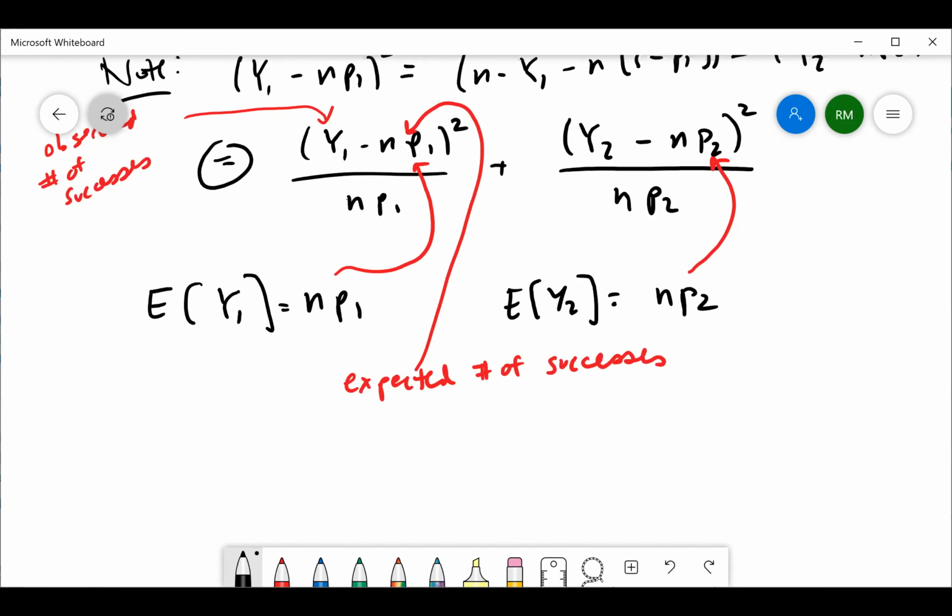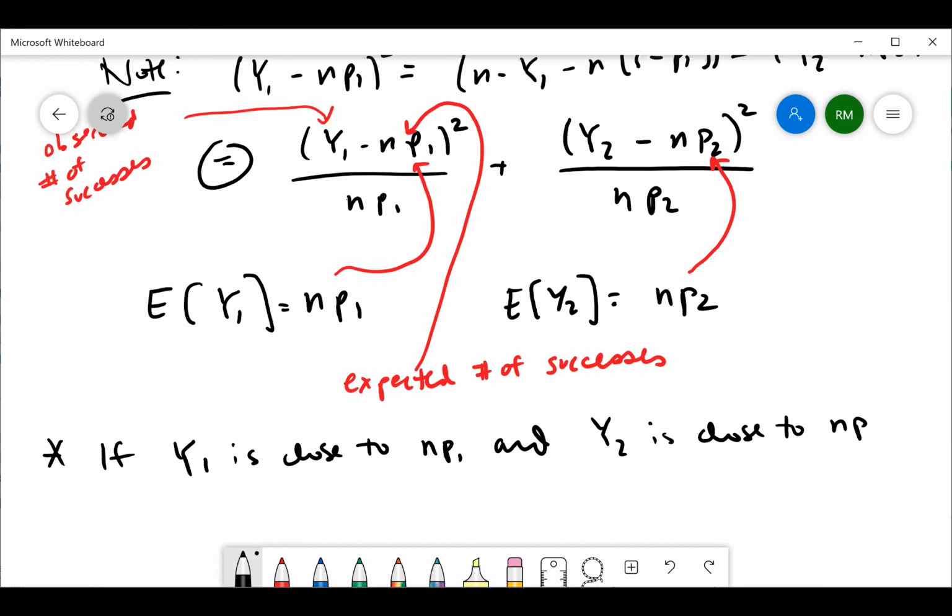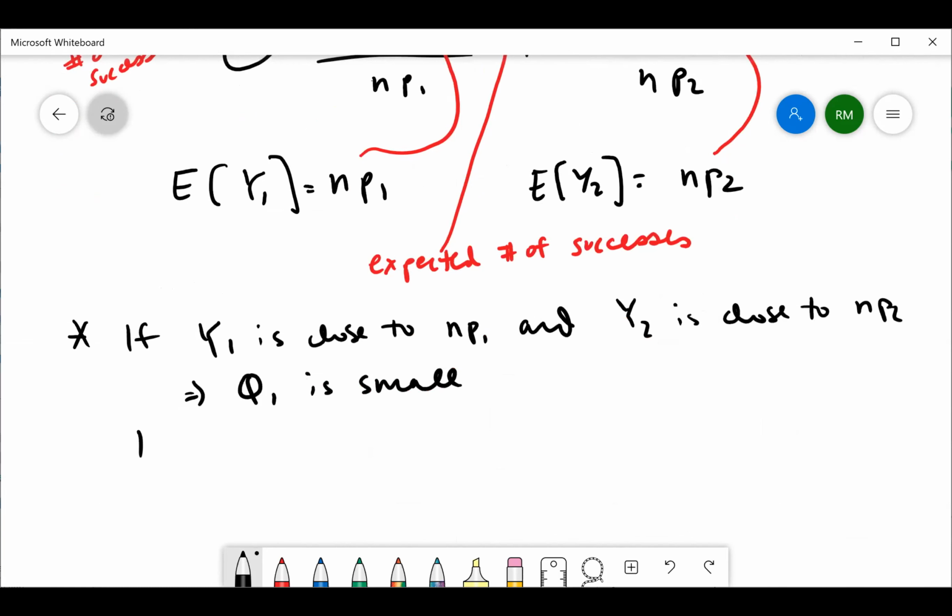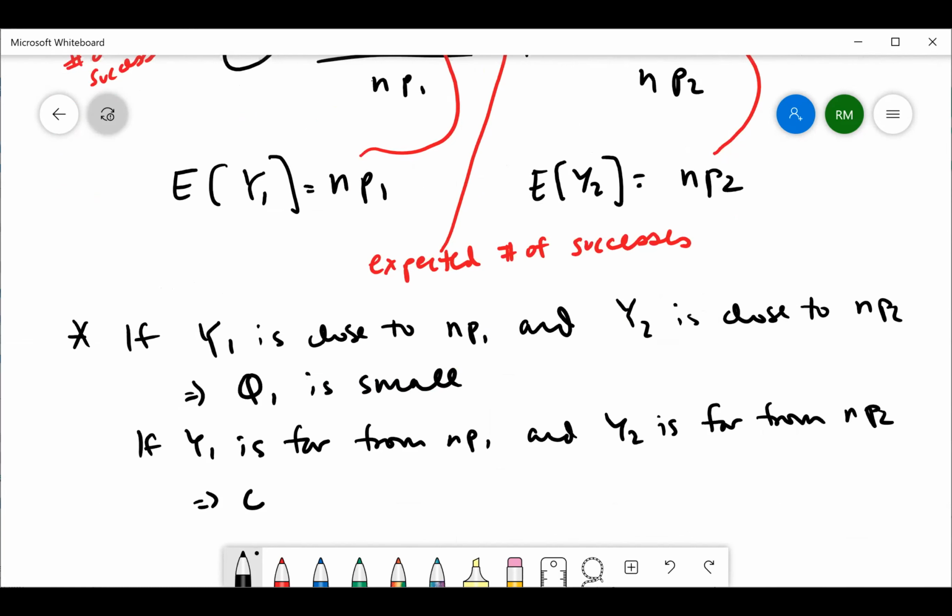So a remark: if y1 is close to np1 and y2 is close to np2, this would tell us that Q1 is small. But if y1 is far from np1 and y2 is far from np2, this would tell us that Q1 is big.